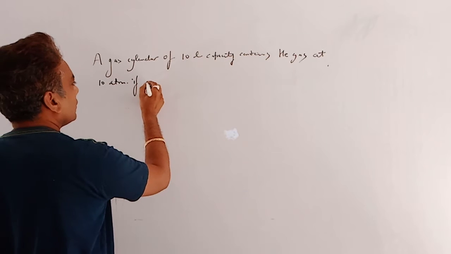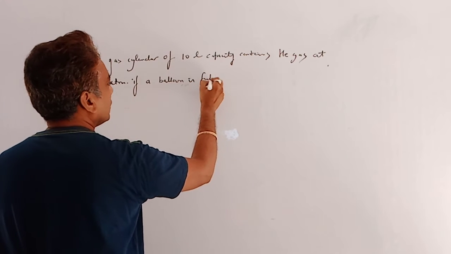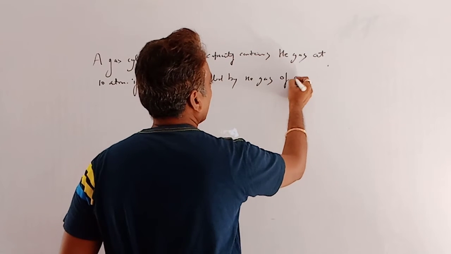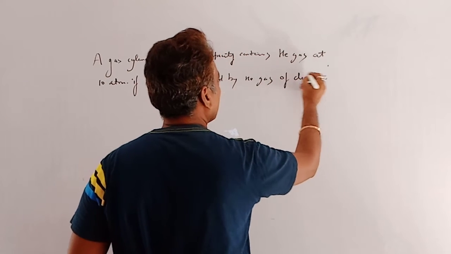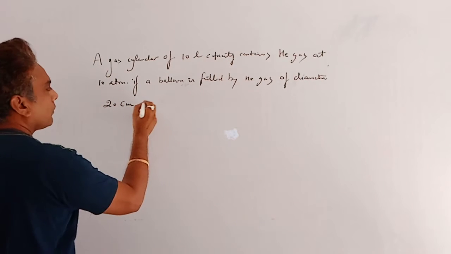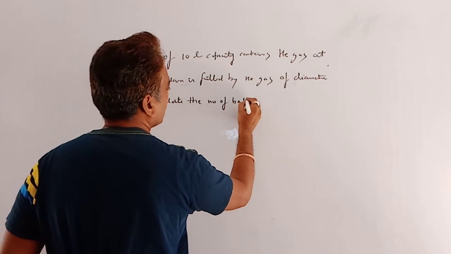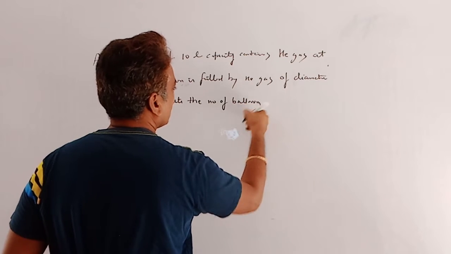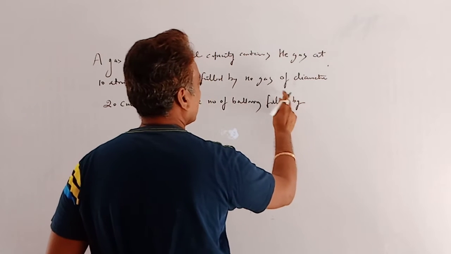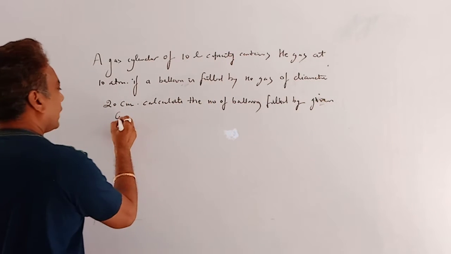If a balloon is filled by helium gas of diameter 20 centimeter, calculate the number of balloons filled by given gas cylinder.